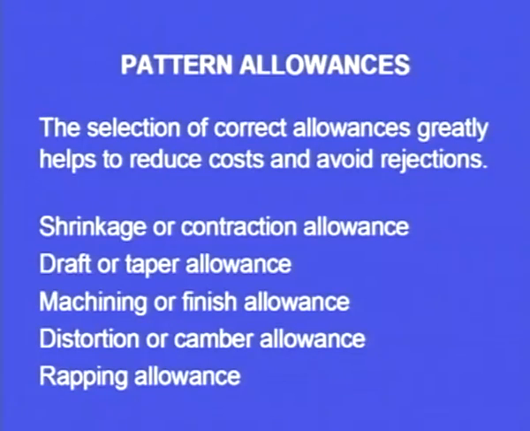The shrinkage allowance, why is it given? It is given because the metal in the liquid state undergoes shrinkage when it is solidifying. If the geometry of the pattern is exactly the same as that of the component, we make a similar cavity.